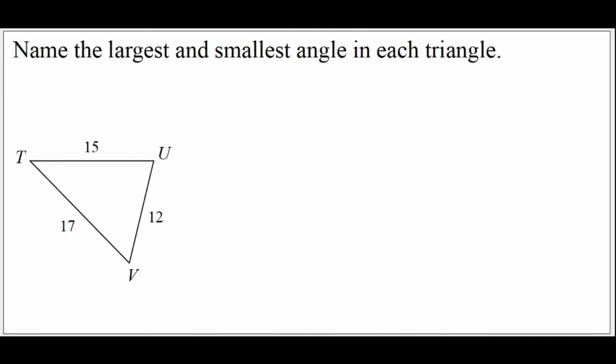We have angle U as our largest because it is opposite to the longest side, which is 17, and our smallest angle is angle T because it is opposite to the shortest side, which is 12.